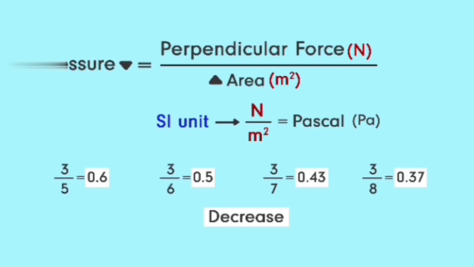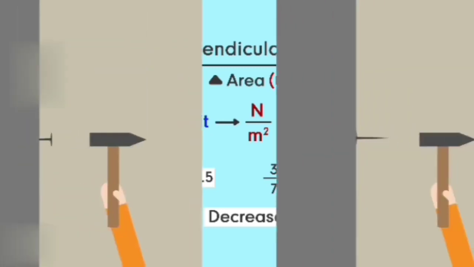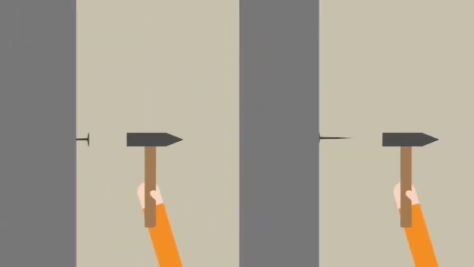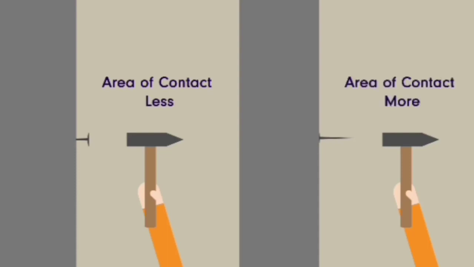With this knowledge, let us go back to the example we saw earlier, the nail on the wall. Here we are applying the force perpendicular to the surface of the wall. If you notice the tip of the nail, it has very small area. Here, the first picture, compared to the flat surface of the nail, that is the second picture.